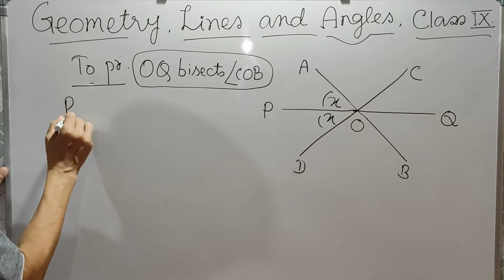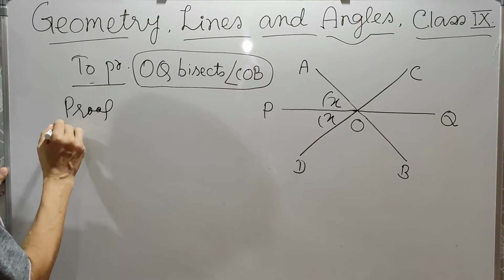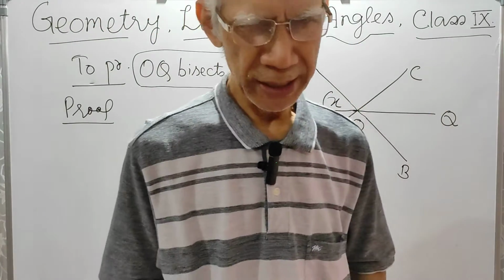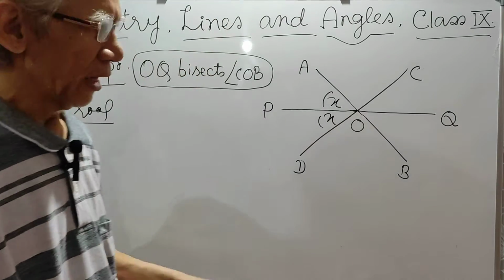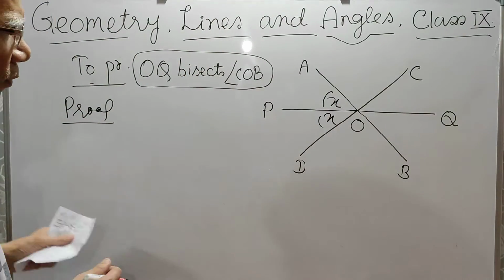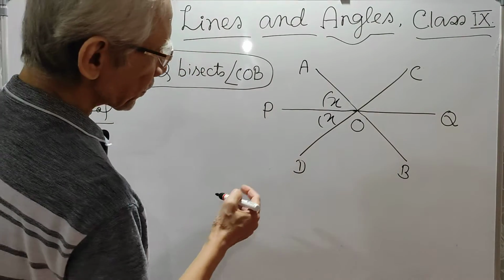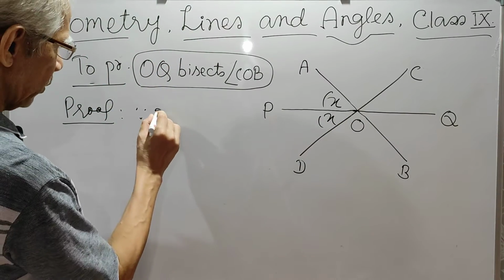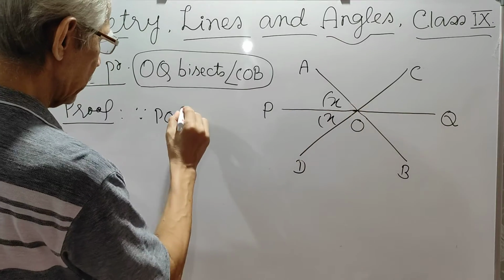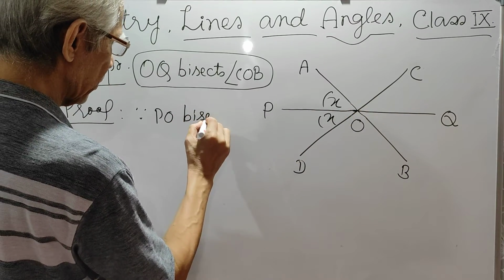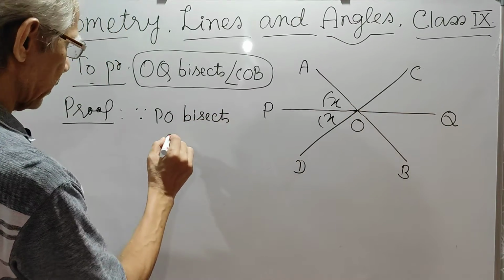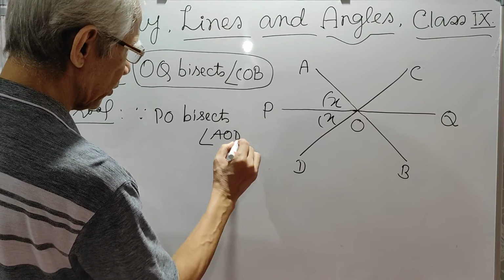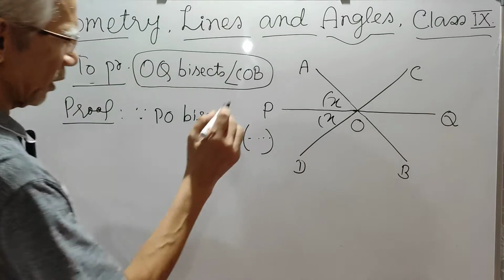So now the proof. Those given things and required to prove, you have understood how to write, so I am not repeating. I am showing the proof clearly. Since PO bisects angle AOD, and this is given, so within brackets you must write given.